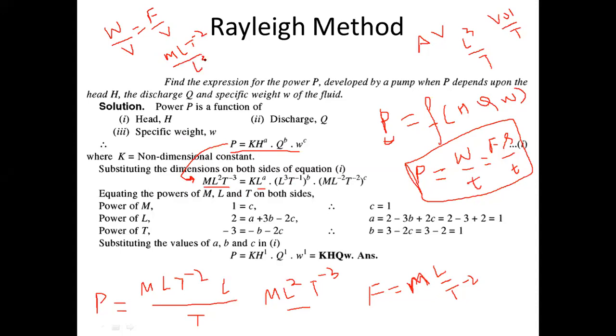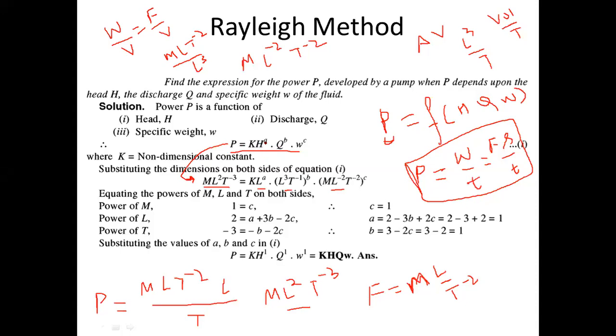If you simplify, weight density is M L^-2 T^-2. So these are the fundamental dimensions of power, head, discharge, and weight density.